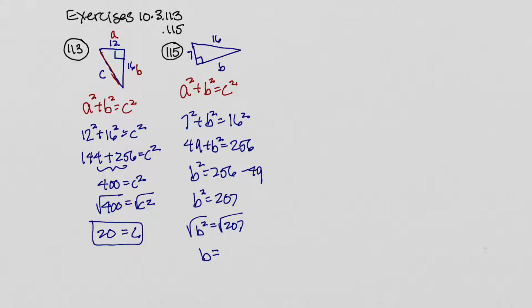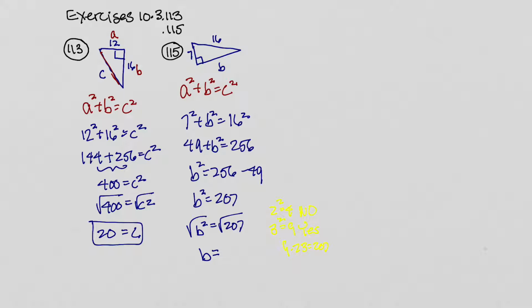And this turns out to be, all right, this 207 is kind of a big number. So we need to think of what squares we know will go into 207? You might think of, okay, 2 squared is 4. 4 does not divide into 207, so that doesn't work. 3 squared is 9, and I know this because I did it on my calculator, 9 goes into 207, so 9 times 23 is 207.